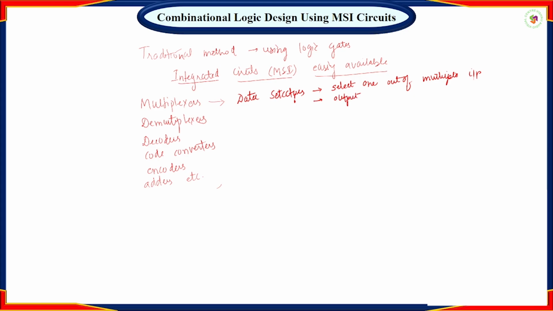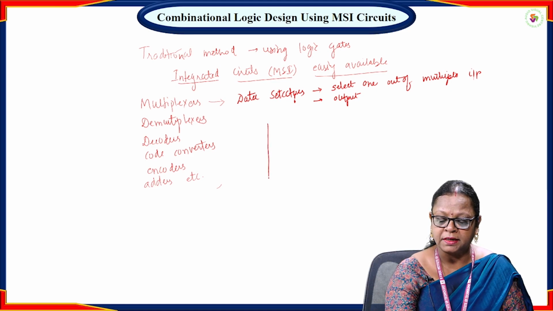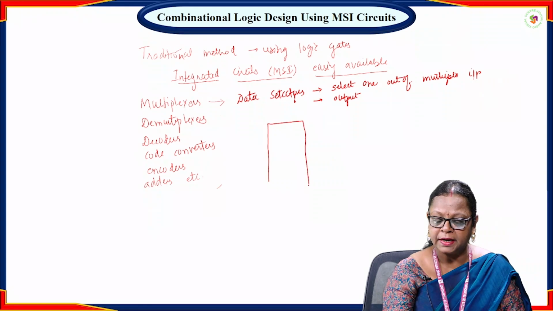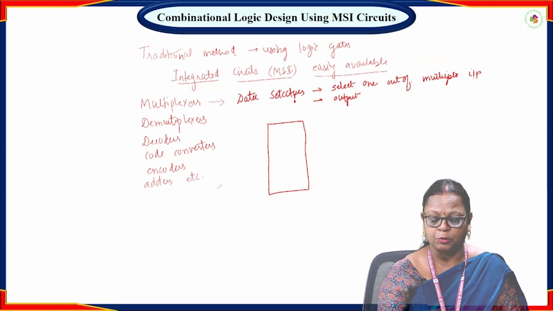So a multiplexer, also called a data selector, selects one of the data from the many inputs and gives it to the single output.